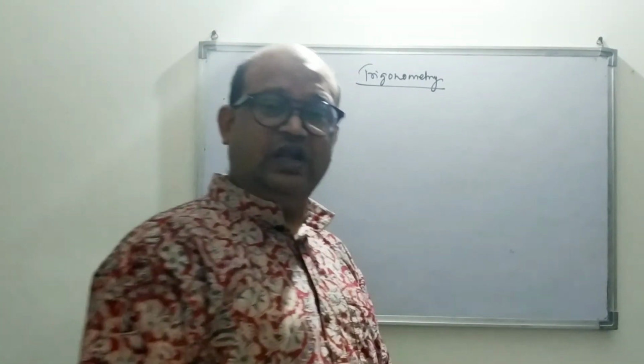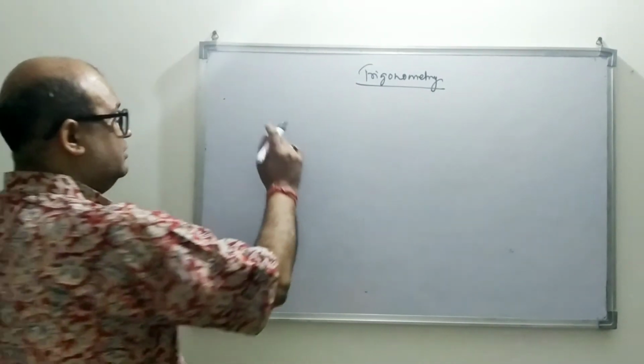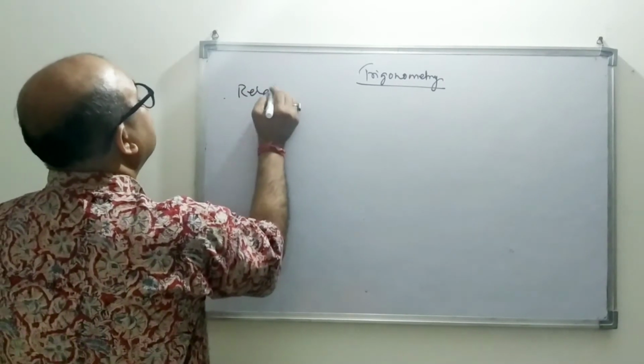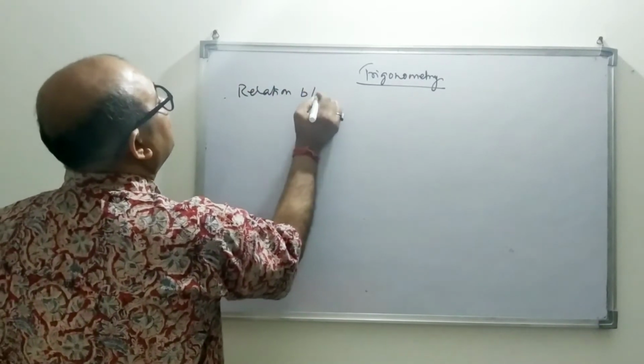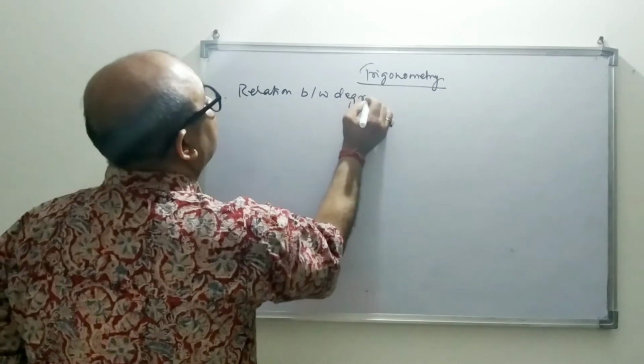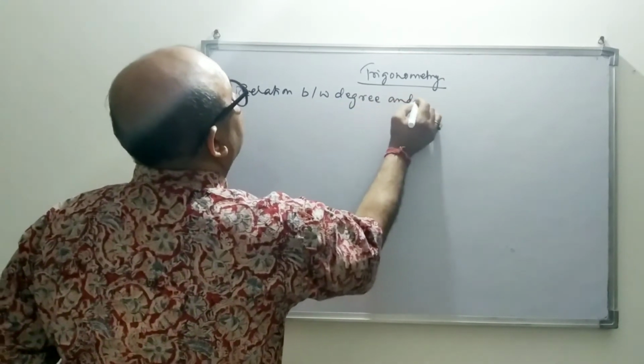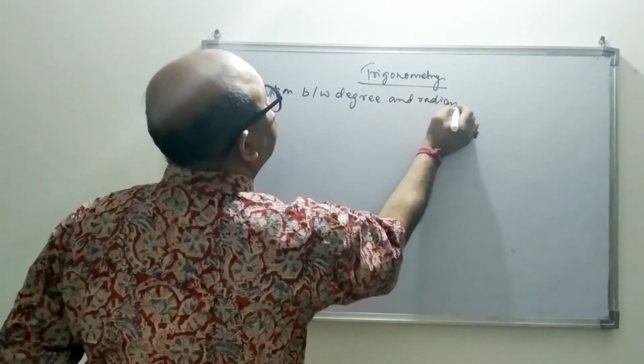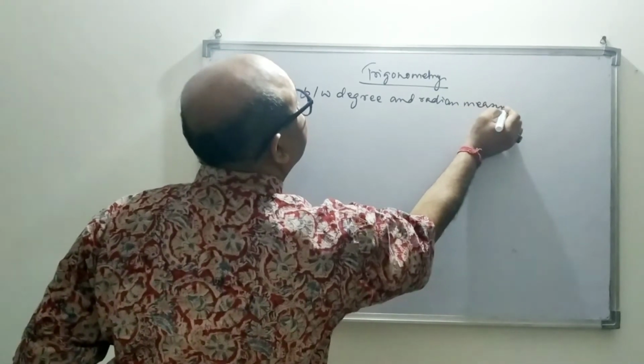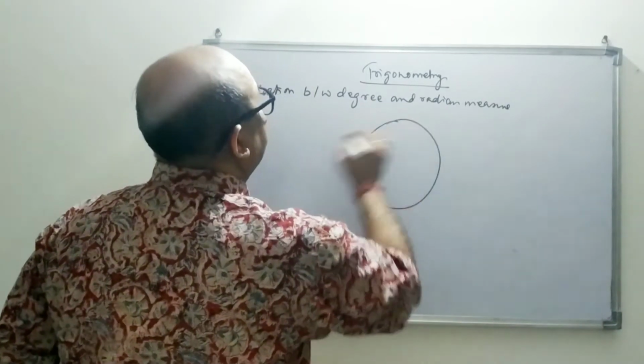Now, I will teach you the relation between degree and radian measure. This is the circle.